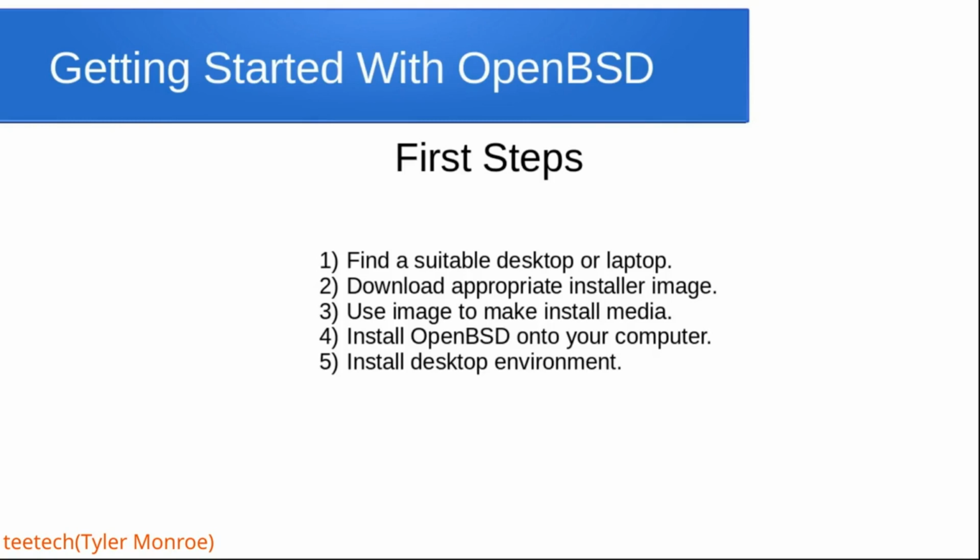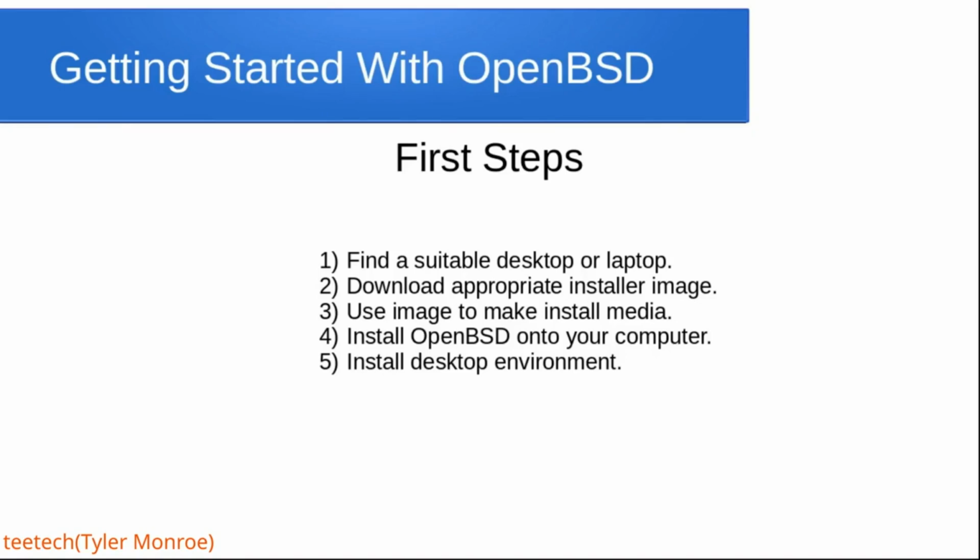Now, for your install media, you have a wide variety of choices. It can either be a USB stick, if your computer can boot off a USB stick, or a CD or DVD. You can even still boot off floppy disks as well. They have many different options, including even over the network, but that's usually for special use cases.